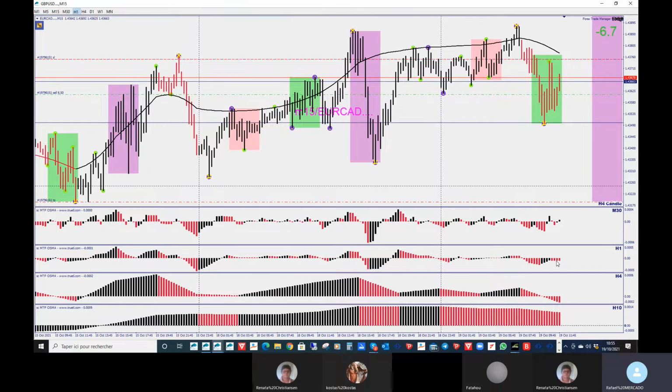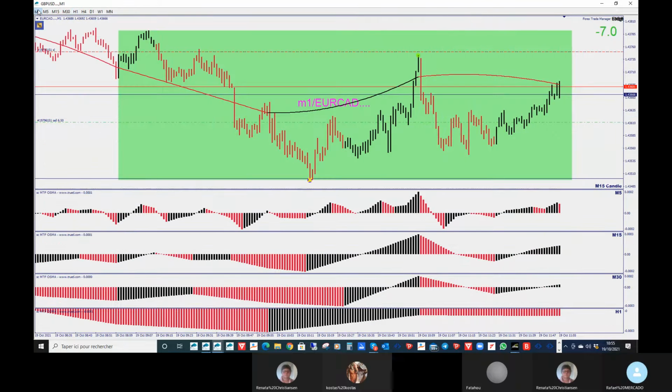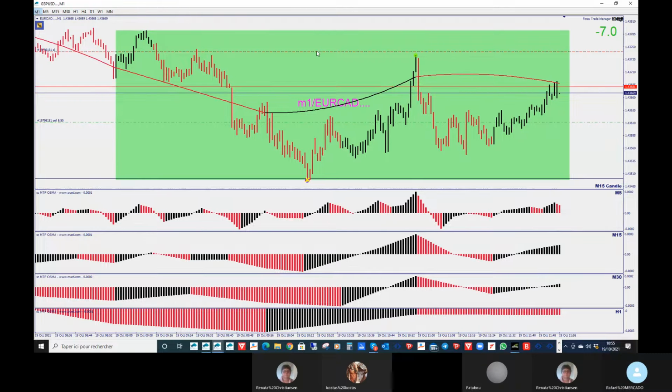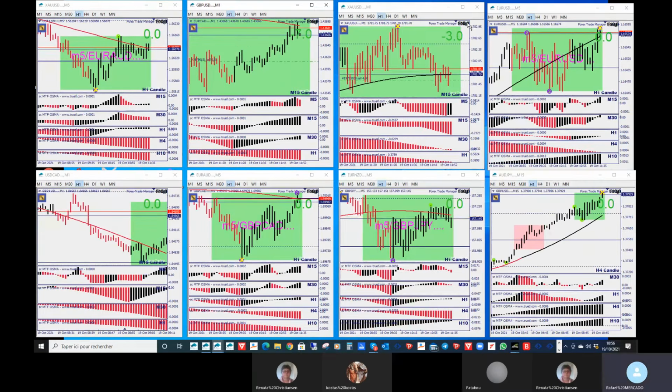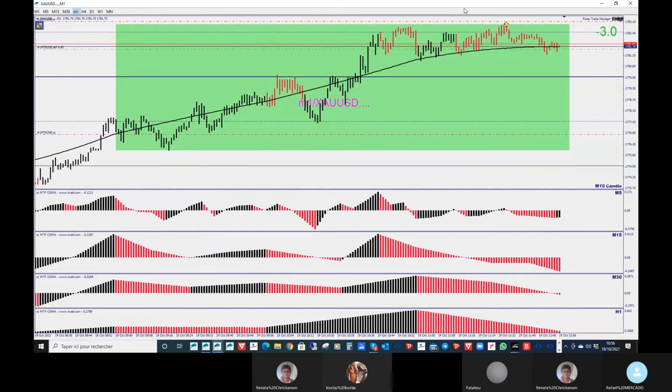So I don't know if it's an entry. No, it's not an entry. No, because your 30 minute is still, yeah, your 15 and your 30 still have to cycle down. Right. Once everything cycles down, then you'll get your entry short.